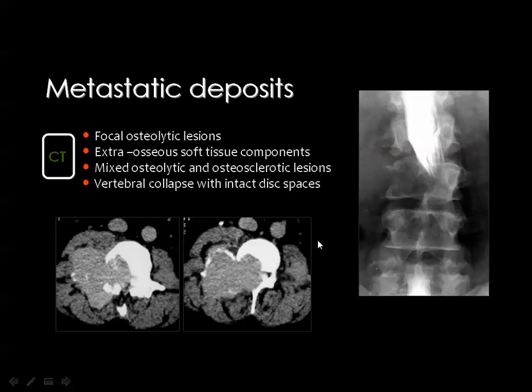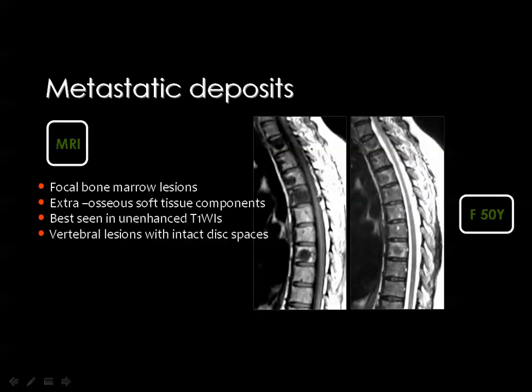Then the CT appearance of metastasis will include osteolytic lesion, extraosseous soft tissue component, mixed osteolytic and osteosclerotic lesion, and vertebral destruction with intact disc spaces, because you know that if the disc space has been involved, then you are on the side of inflammation, not on the side of malignancy.